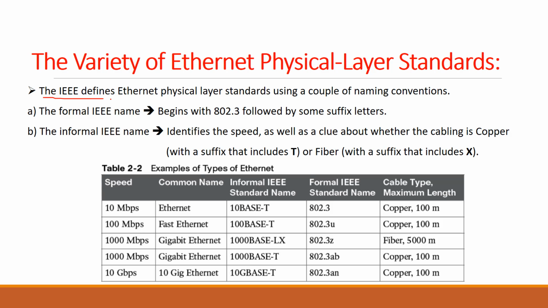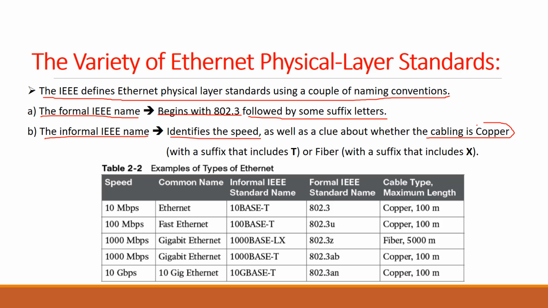So the IEEE defines Ethernet physical layer standards using a couple of naming conventions. These naming conventions are the formal IEEE name, which begins with 802.3, followed by some suffix letters, and the informal IEEE name, which identifies the speed as well as a clue about whether the cabling is copper or fiber.